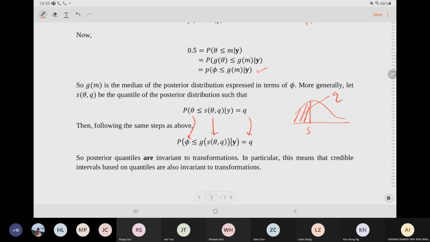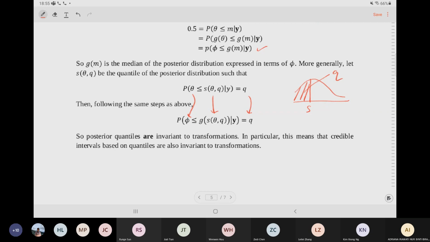So what does it mean here? If I have the quantile for my theta, I just apply the function.